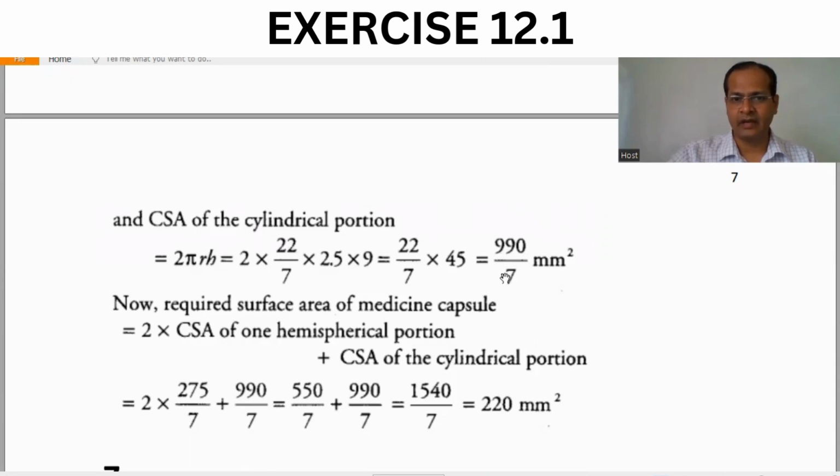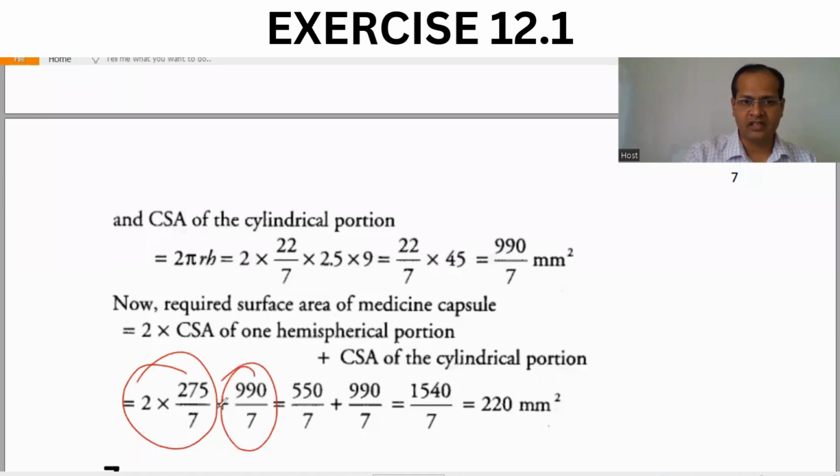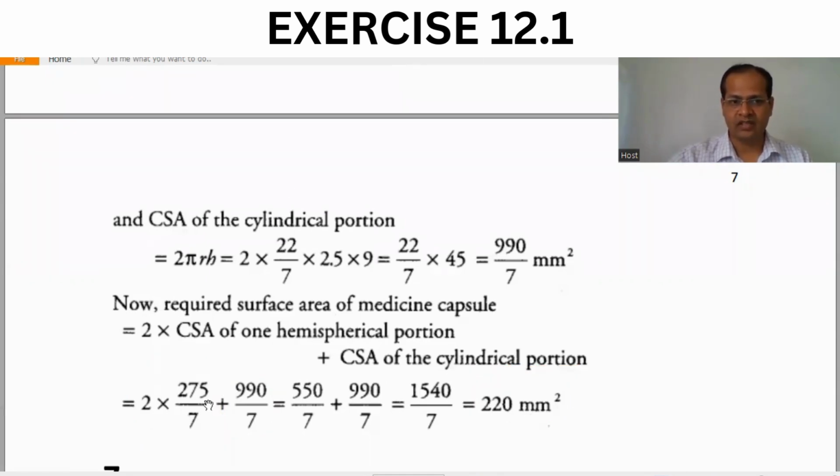So this is 990 by 7. Now for one hemisphere it is 275 by 7. There are two hemispheres, so we just multiply by 2, and add the curved surface area of the cylindrical portion. Once we add, we get 220 millimeter square. This is the total required surface area of the medicine capsule.